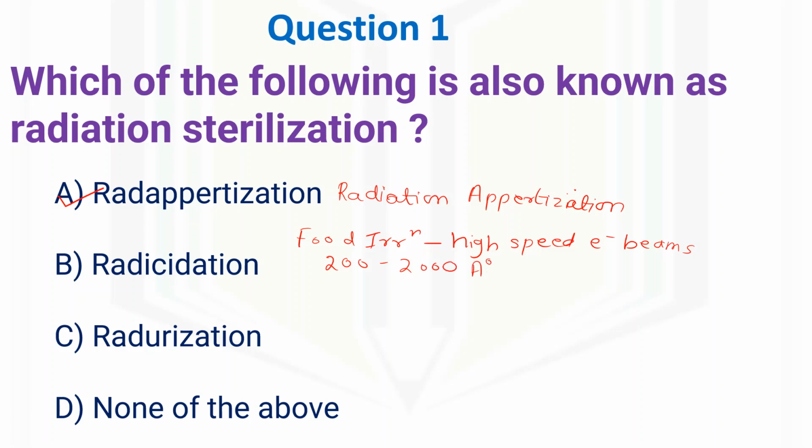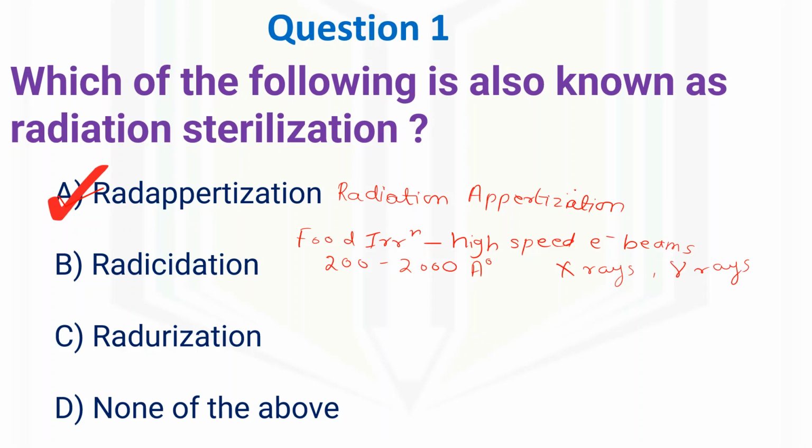The examples of these can be X-rays and gamma rays, and these have sufficient energy to break the chemical bonds and ionize the molecule, and thus they will kill or change the structure of the cellular membrane inside a microbial structure. That's why they inhibit their growth.